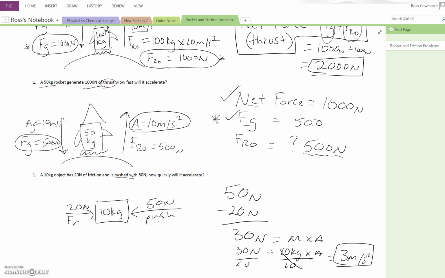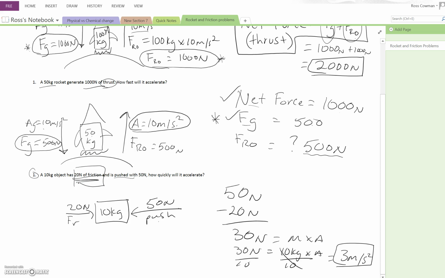Another comparison that we can draw here is that these friction problems are essentially just rocket problems that are horizontal, right? Rather than dealing with gravity and acceleration due to gravity, here we just have a set amount of friction that you are given. So rather than gravity, you are given an amount of friction acting on an object.